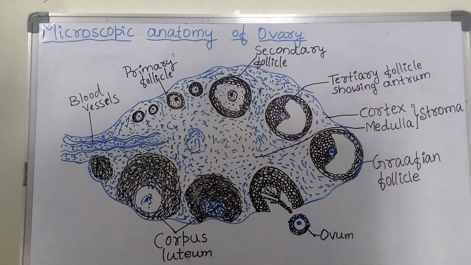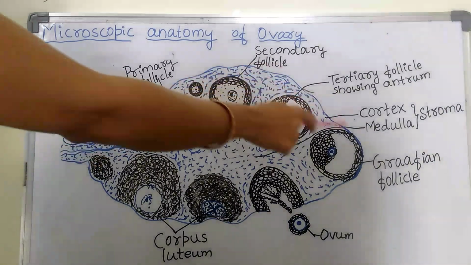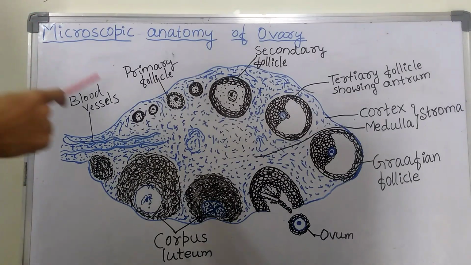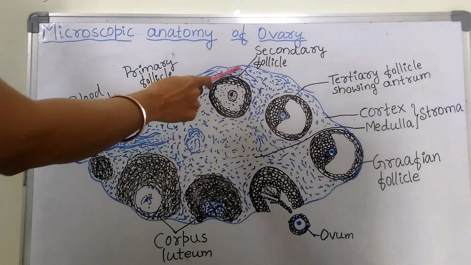The ovary is covered by a tough connective tissue capsule called tunica albuginea. And the tunica albuginea has an epithelial covering.